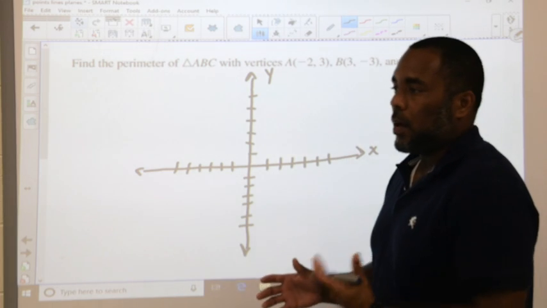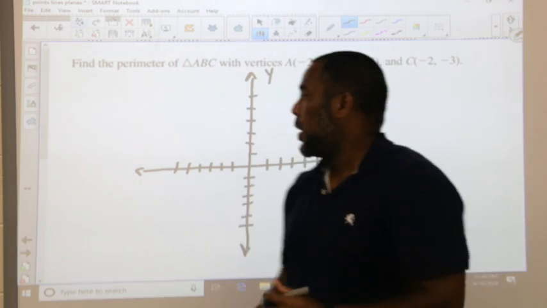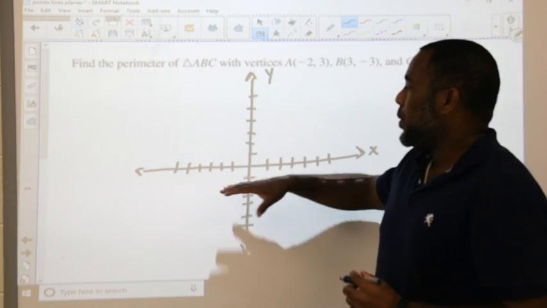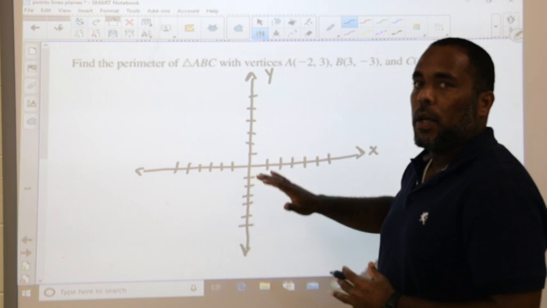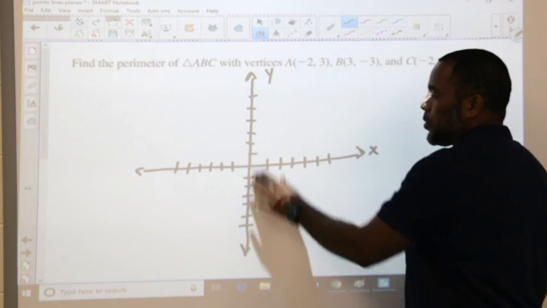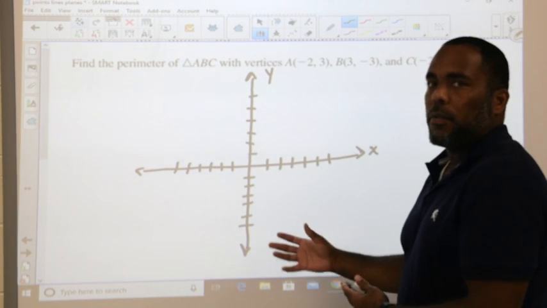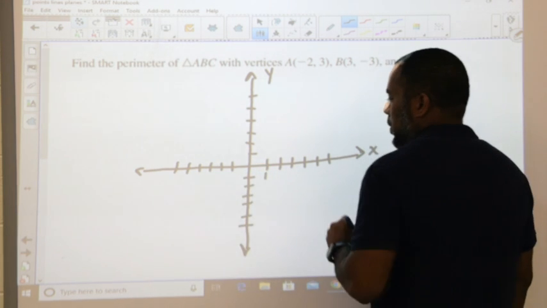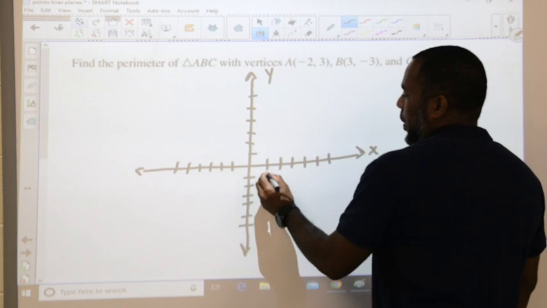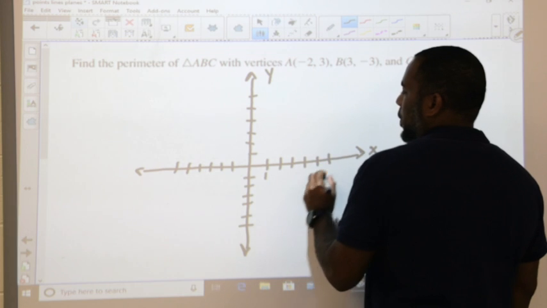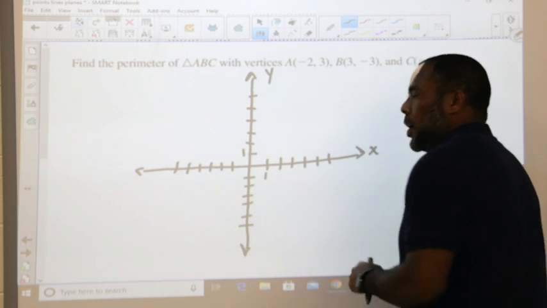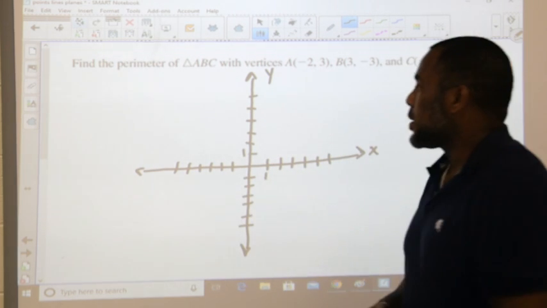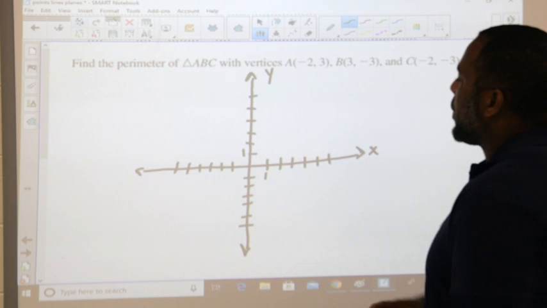Understanding that we don't all have access to graph paper right now, you should be able to create your own graph. Just pretty quick. It doesn't have to be perfect at this point, and that's okay. Understand that this is 1, meaning that this is 2, 3, 4, 5, 6. This in the y direction is also counting by ones. And then I'm going to graph my points.